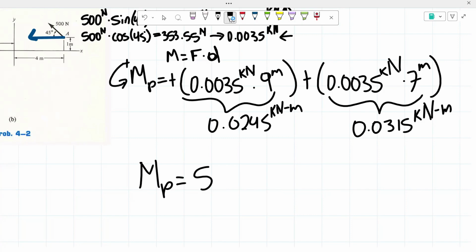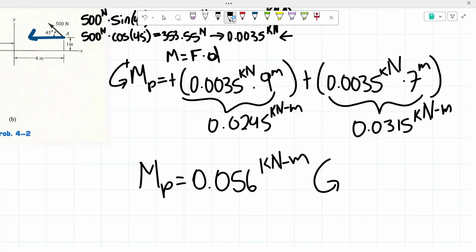Plus 0.0315 is equal to, that was the answer if you were still working with it in newtons, but we have it in kilonewtons. You would get a total of 0.056 kilonewton meters going counterclockwise.